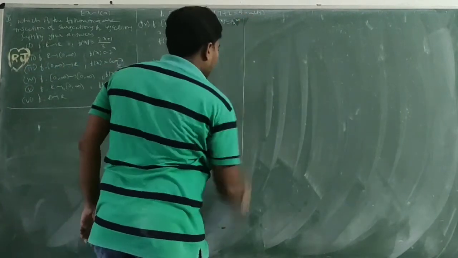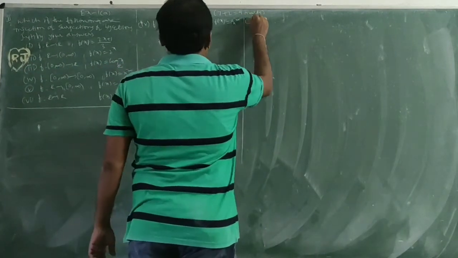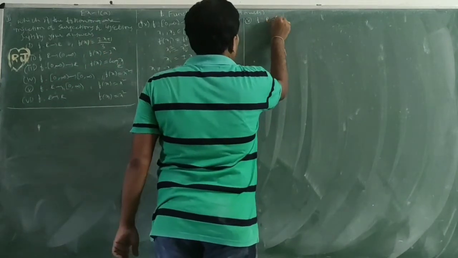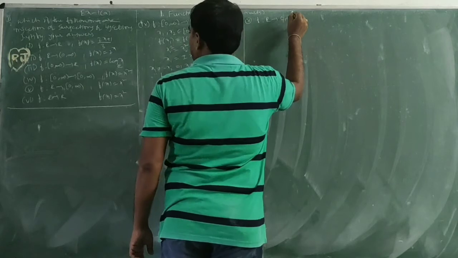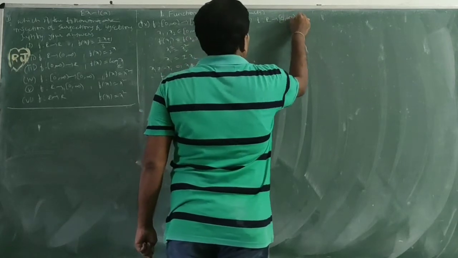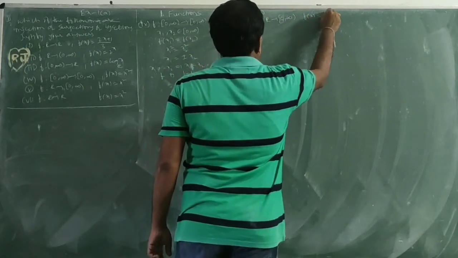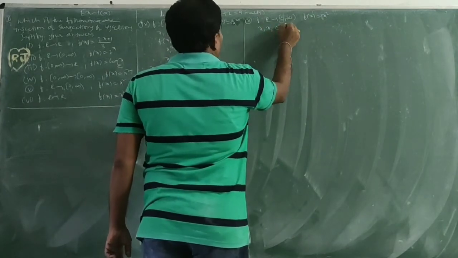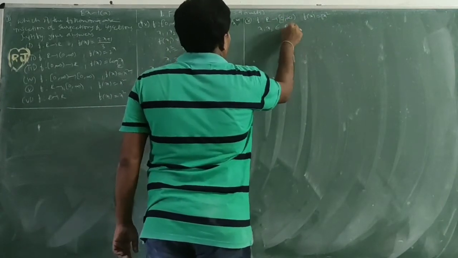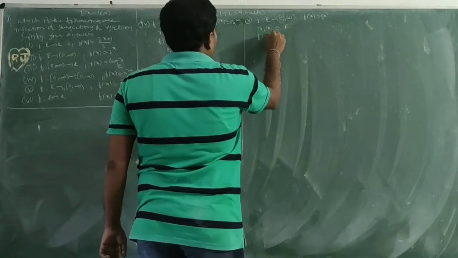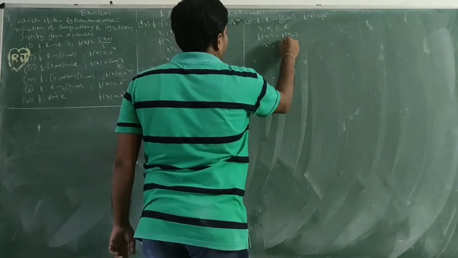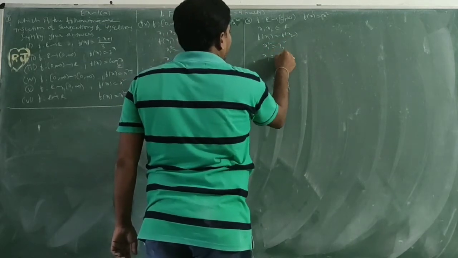In the other situation, fifth, f from R to 0 to infinity, f of x equal to x square. So x1 comma x2 belong to domain R, and f of x1 equal to f of x2 gives x1 square equal to x2 square, so x1 equal to plus or minus x2.